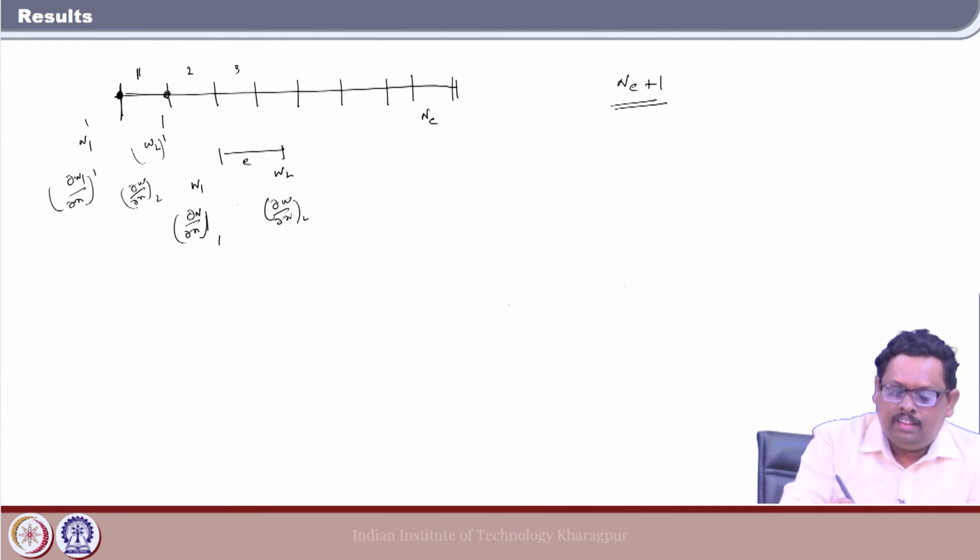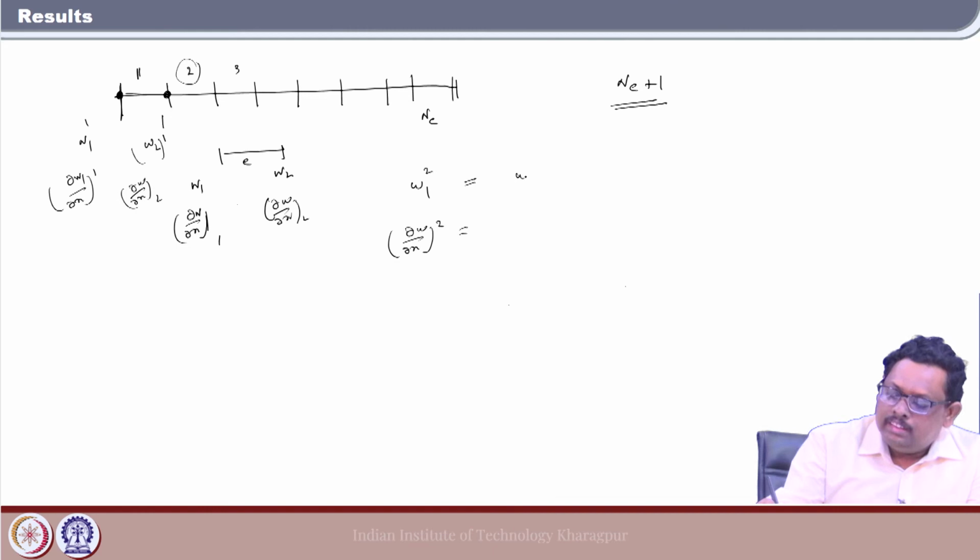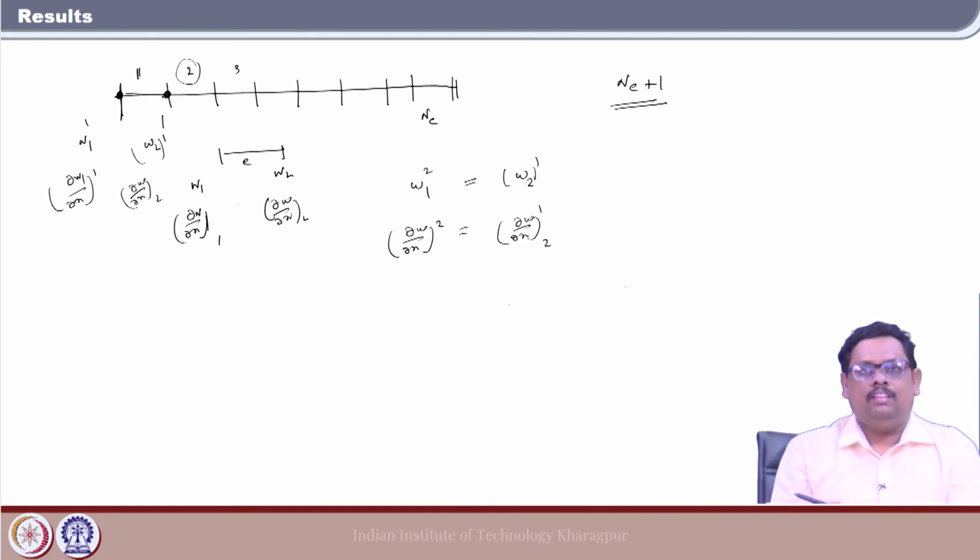So, here I have the contribution from element 1. Now, when I write for the second element, here my w 1 and del w del x for the second element, and then I have this w 2 and del w del x for the first element, which is the same node, right.